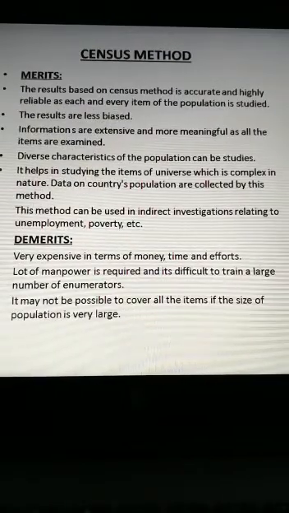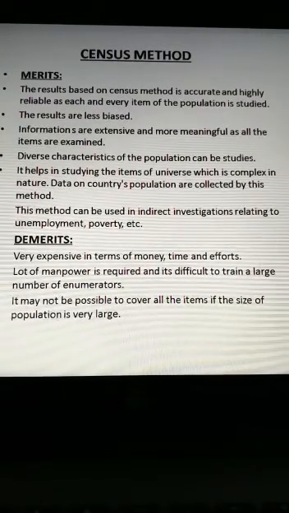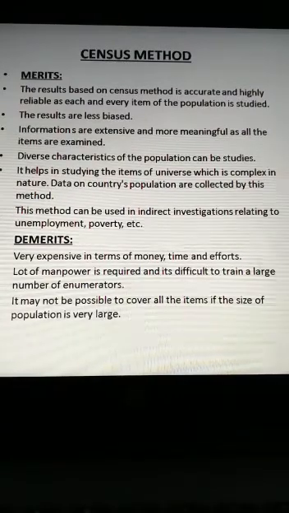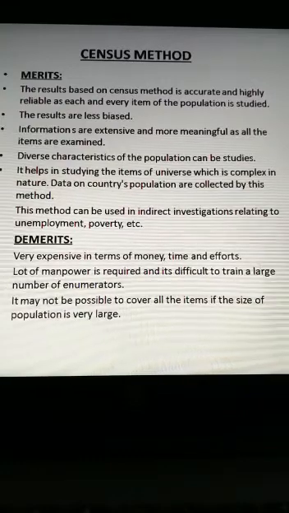When we are considering the merits, as each and every person is considered here, and from each and every person we are taking the information, it will be accurate and hence it is highly reliable. And the next one is the results will not be biased, because the information is accurate, so the bias will not be there.